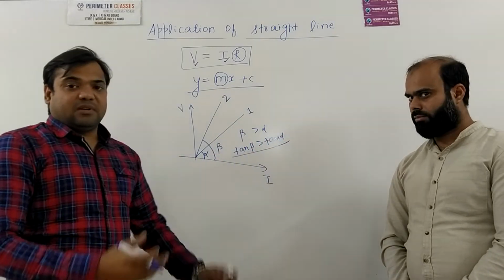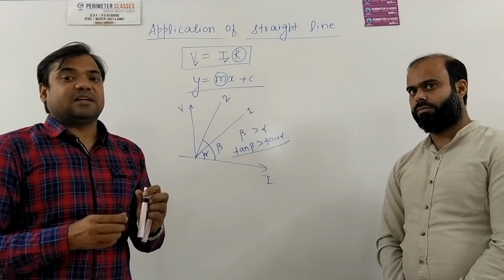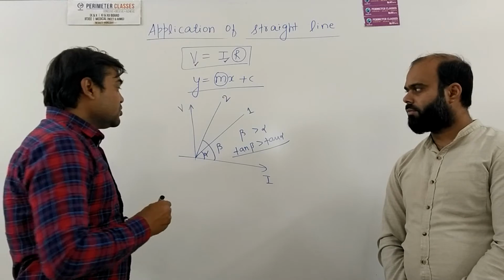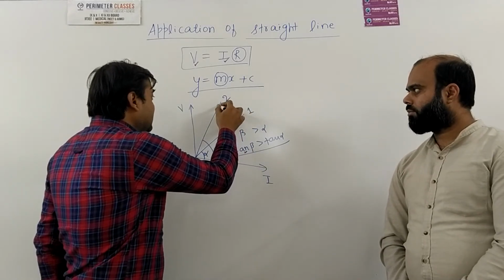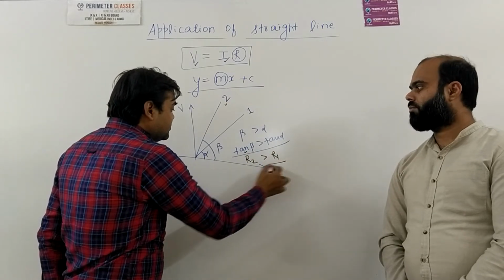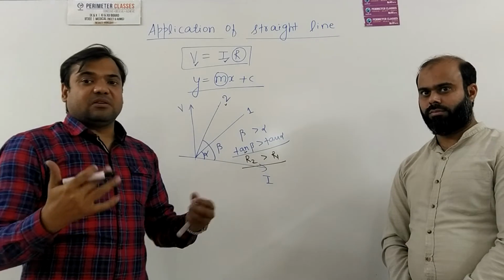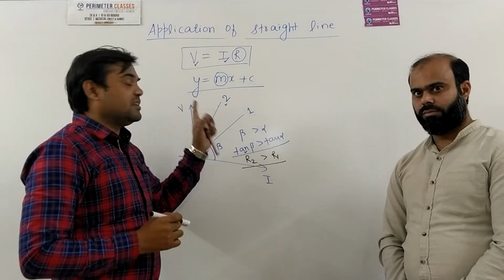You already have learned in the previous lectures that these are the slopes of the straight line. So I can say that the slope of this line, that is the resistance of graph 2, R2, is greater than R1. Just by learning the basic concept of a straight line, I can say that the resistance in this case is greater than in this case.